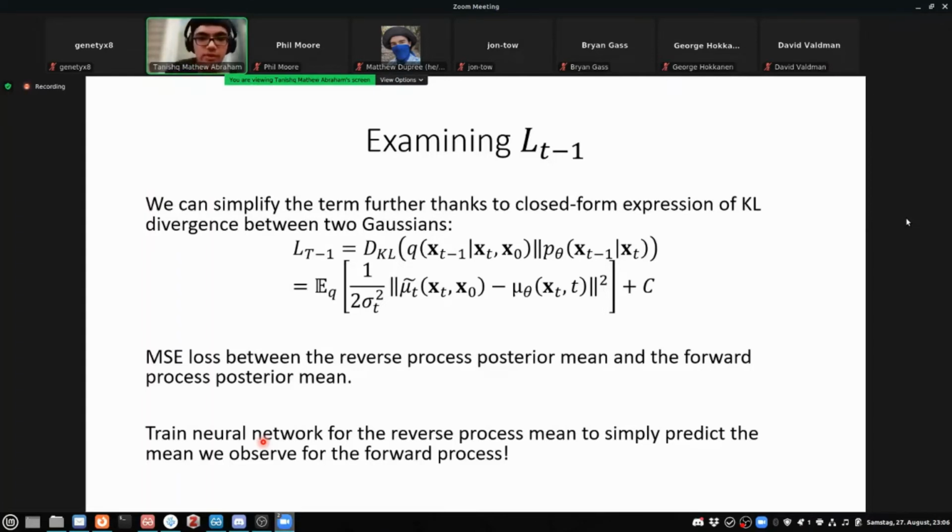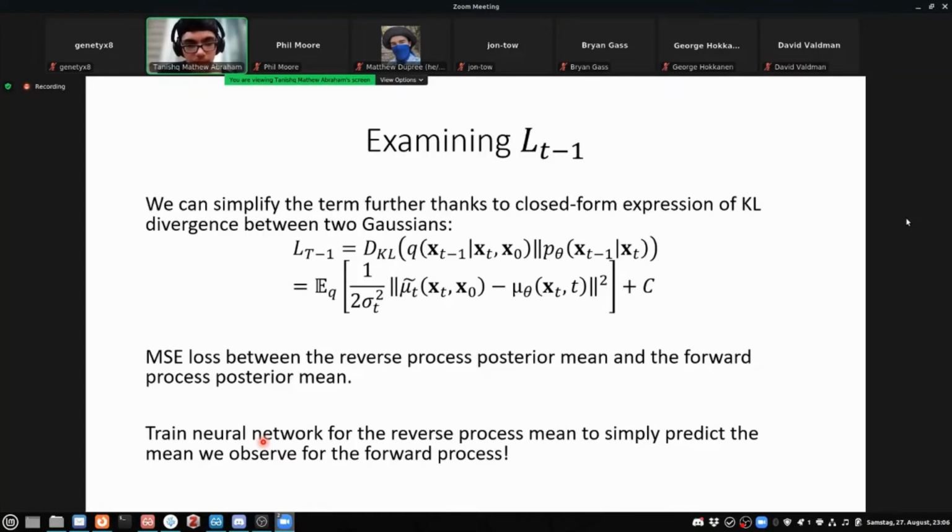All we're doing is an MSE loss between the mean of the reverse process and the mean of the forward process.